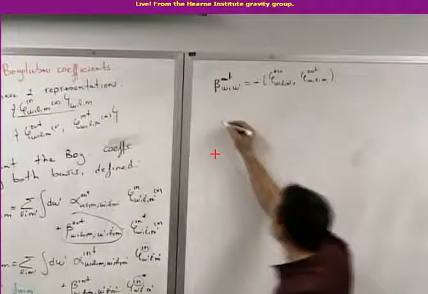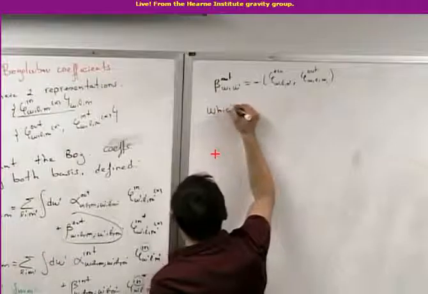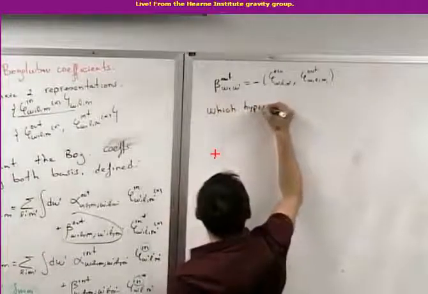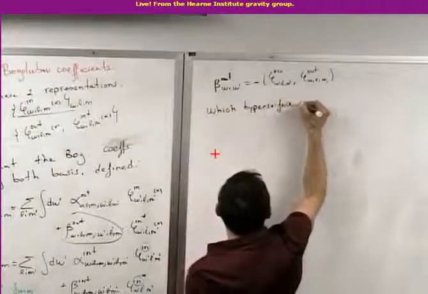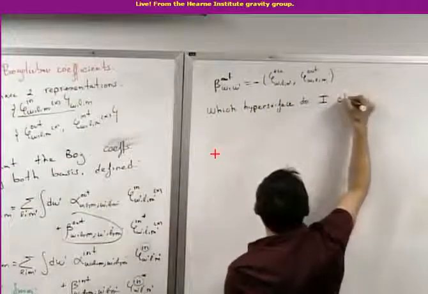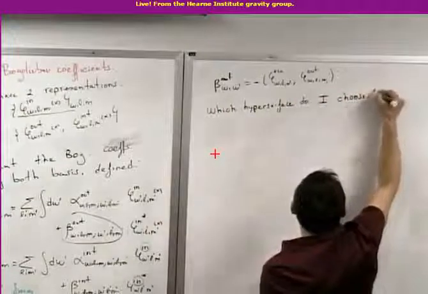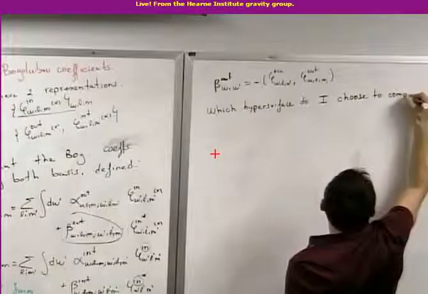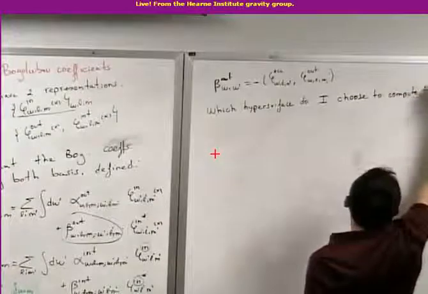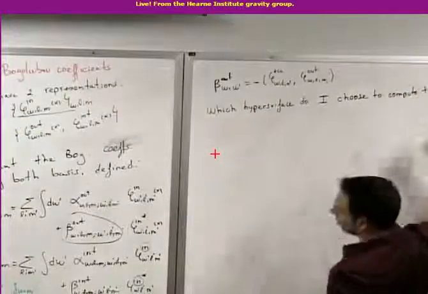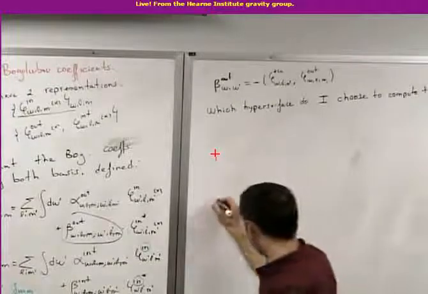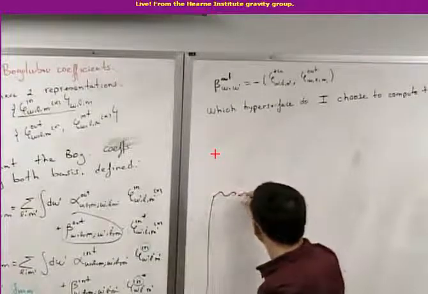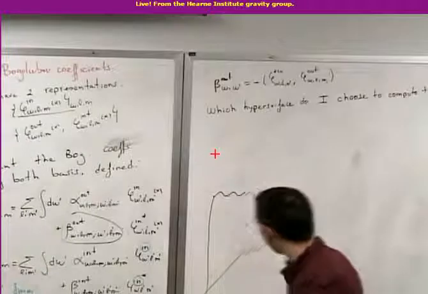So the question is, which hypersurface do I choose to compute this? We have the Penrose diagram here.